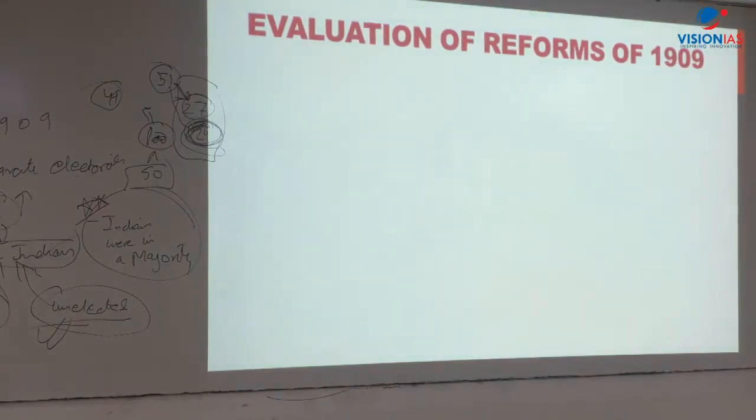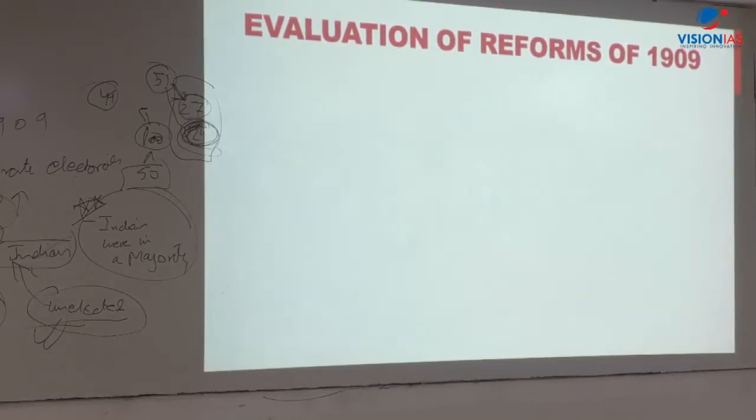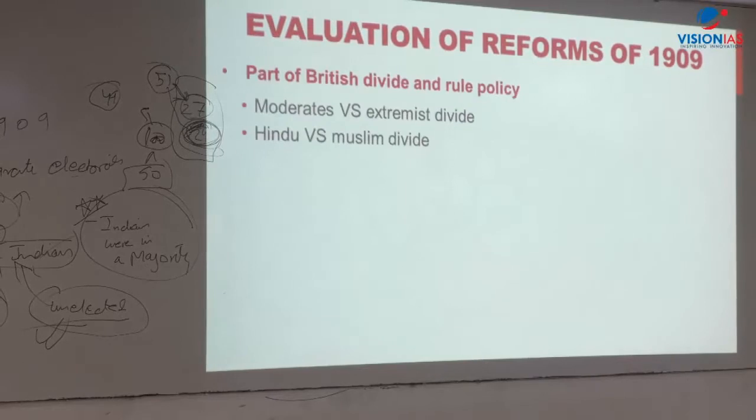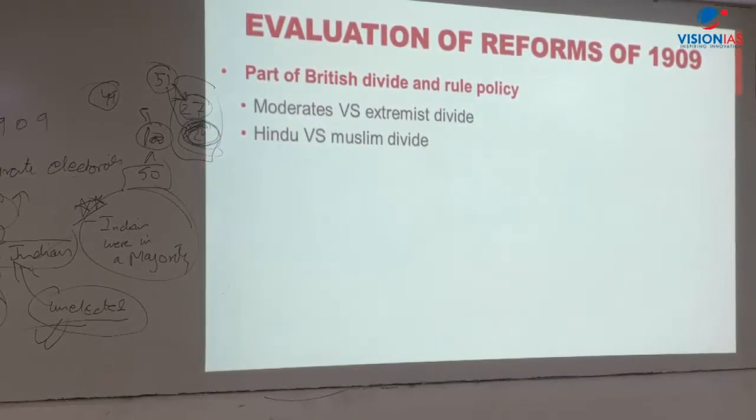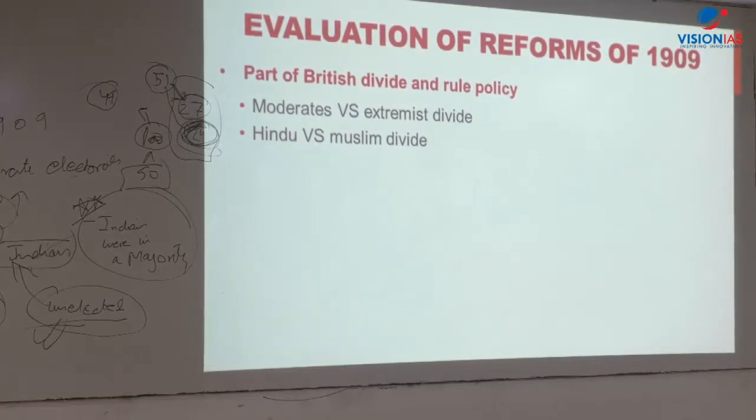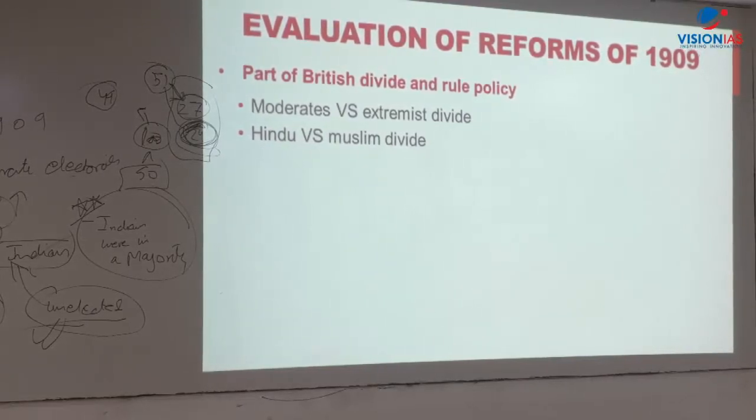Now, when we talk about evaluation of reforms, I have not told you what kind of control they had on the budget. The voting power on the budget was still not granted in any significant manner, so the problem of control over the budget continued. Why?